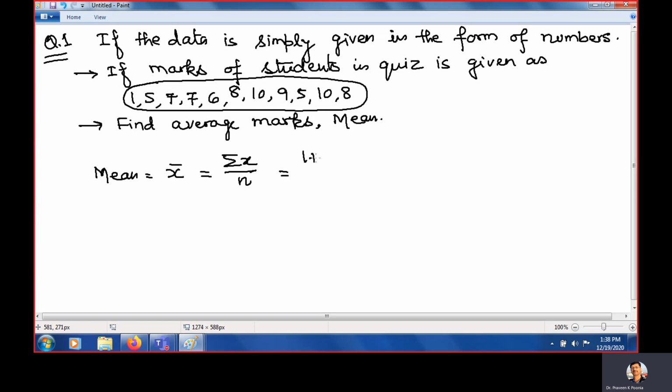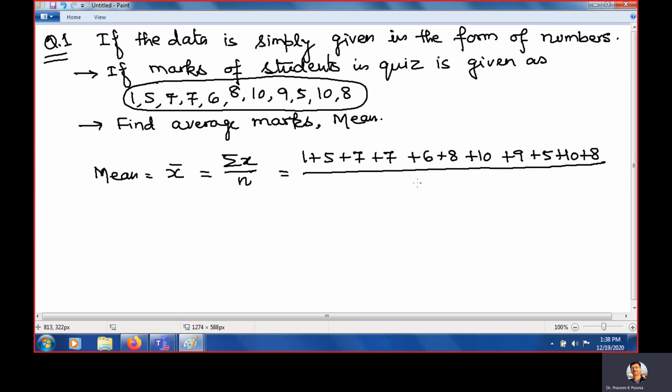It is 1 plus 5 plus 7 plus 7 plus 6 plus 8 plus 10 plus 9 plus 5 plus 10 plus 8, upon how many numbers? 11 numbers.